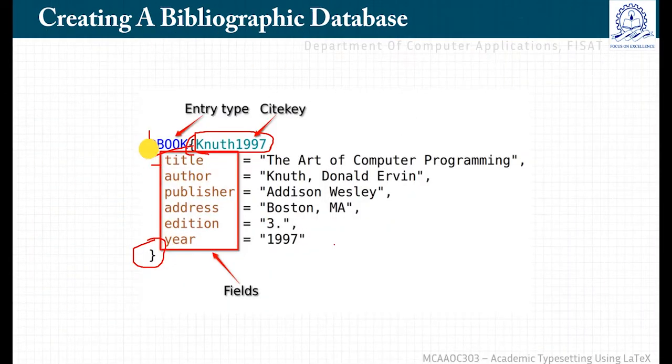The name of the entry type like book, article, etc., as well as the field names, such as author, publisher, address, edition, year, etc., may be written in capital or lowercase letters or in a combination of both. So @BOOK, @book, and @Book in mixed case are all acceptable variations. This is the basic structure of each entry in the .bib file.